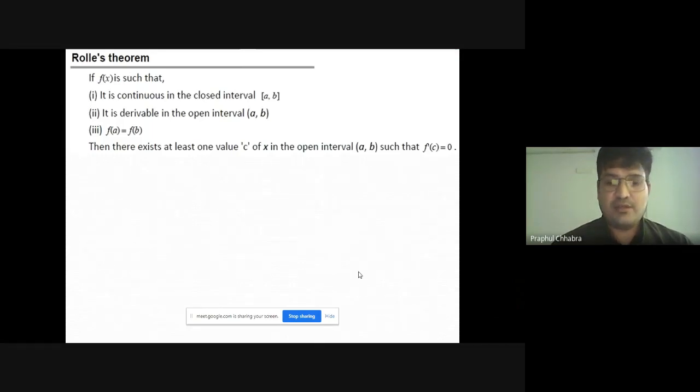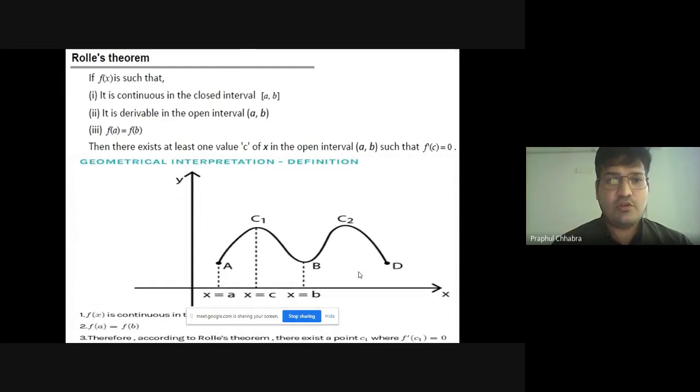So first, we understand this Rolle's theorem by geometrical interpretation. This is the geometrical interpretation of Rolle's theorem. We can see very easily there is a curve f(x) here, and this function is defined from x = a to x = b.